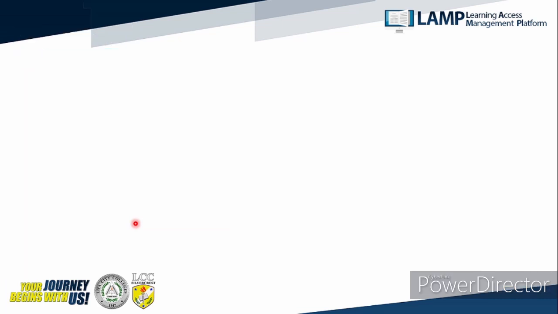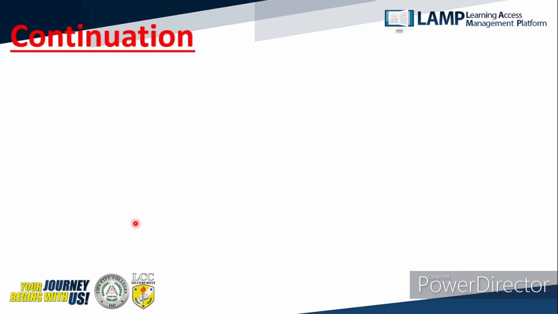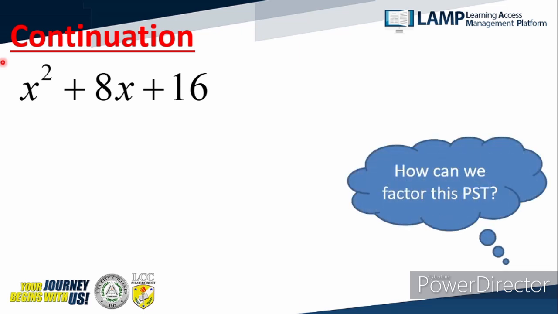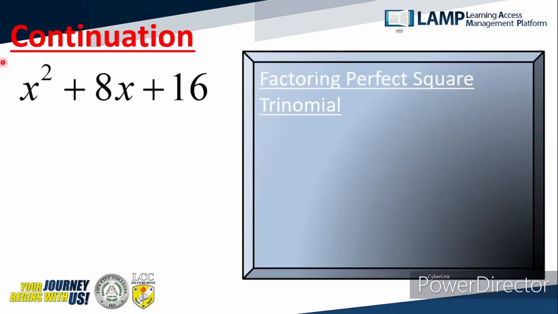Now, how can we factor that? So let's continue. Again, our given is x squared plus 8x plus 16. How can we factor this PST or perfect square trinomial? These are the steps in factoring a perfect square trinomial. First, we get the square root of the first and last term.